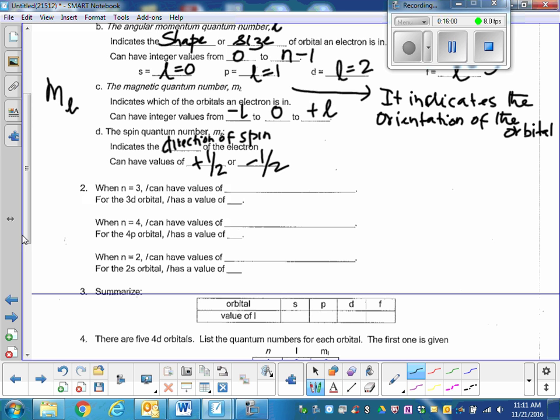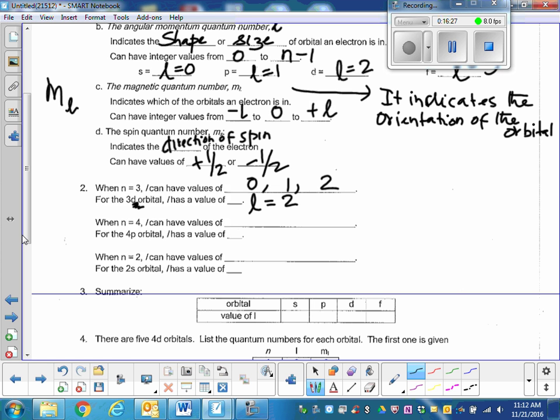So what values can L have? 0, 1, 2. If it is a d orbital, what is the value of L? 2. L equals 2. If it is a d orbital, L equals 2.